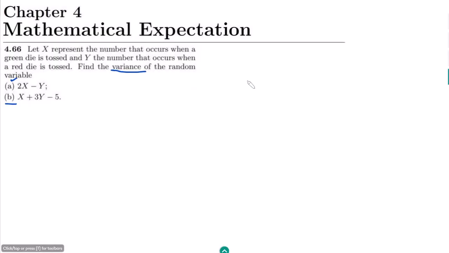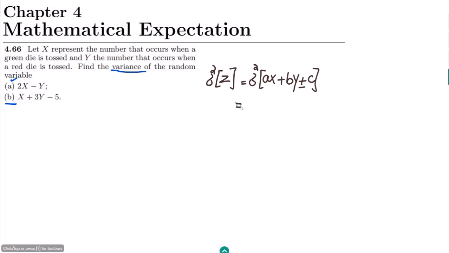Let me use this brown color, and to find out the variance of the random variable z, which is basically the random variable ax plus by plus or minus c. Let me take it here as well.